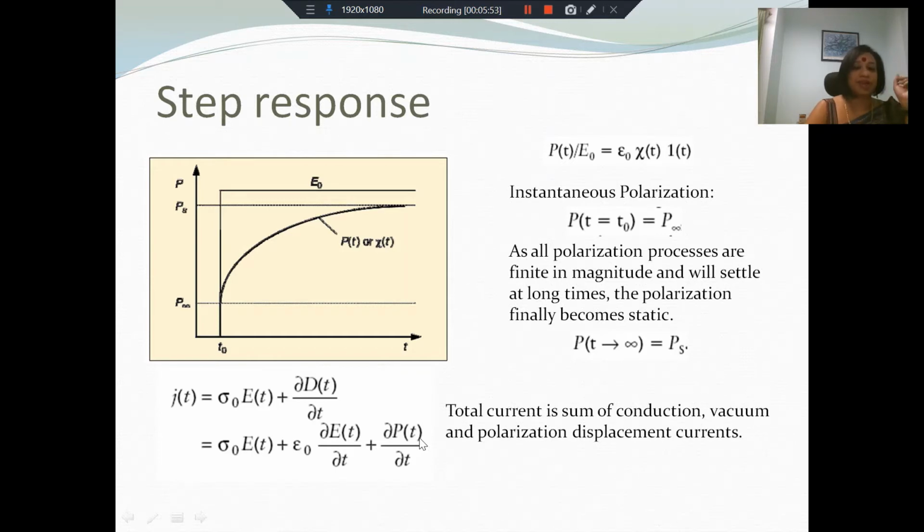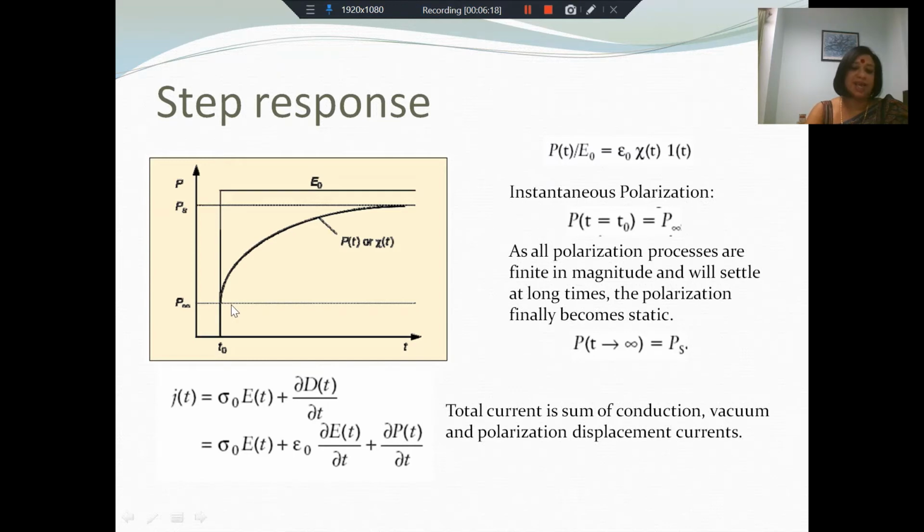So there will be a time rate of change of polarization even when you apply a constant electric field E across the material. And this is called the polarization displacement current. So you have the conduction current, then you have the vacuum current, and then you have the polarization displacement current. All these three things taken together give you the current.